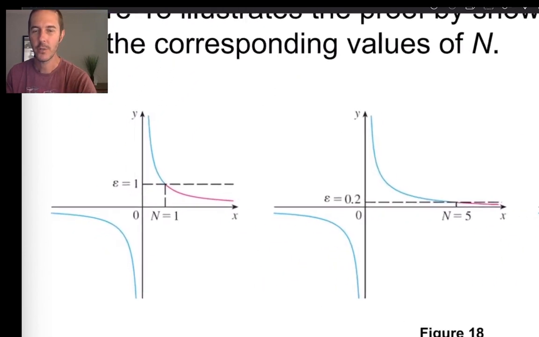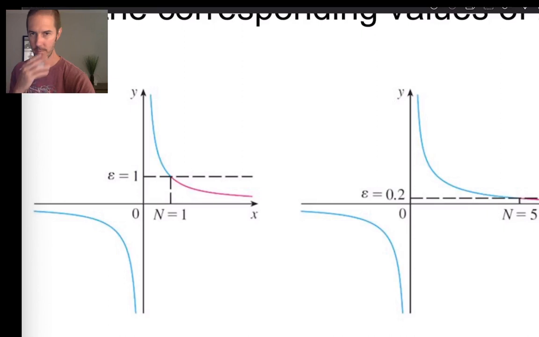This is an illustration where we have an epsilon value of 1. And what's the reciprocal of 1? It's 1. So our n value would be 1. And what that does is it says that as long as we're using an n value that's larger than 1, our function values will be within 0 plus or minus 1.